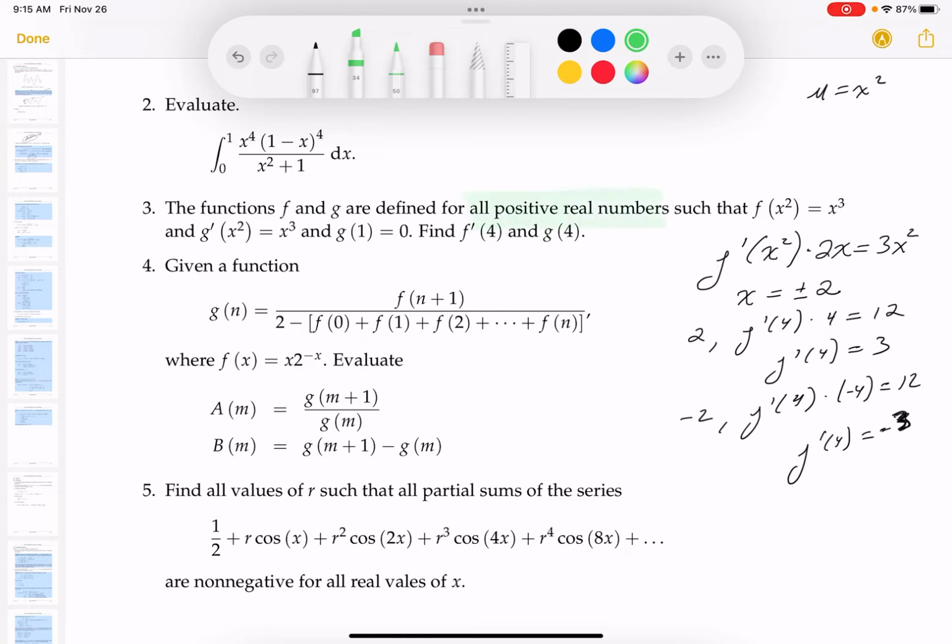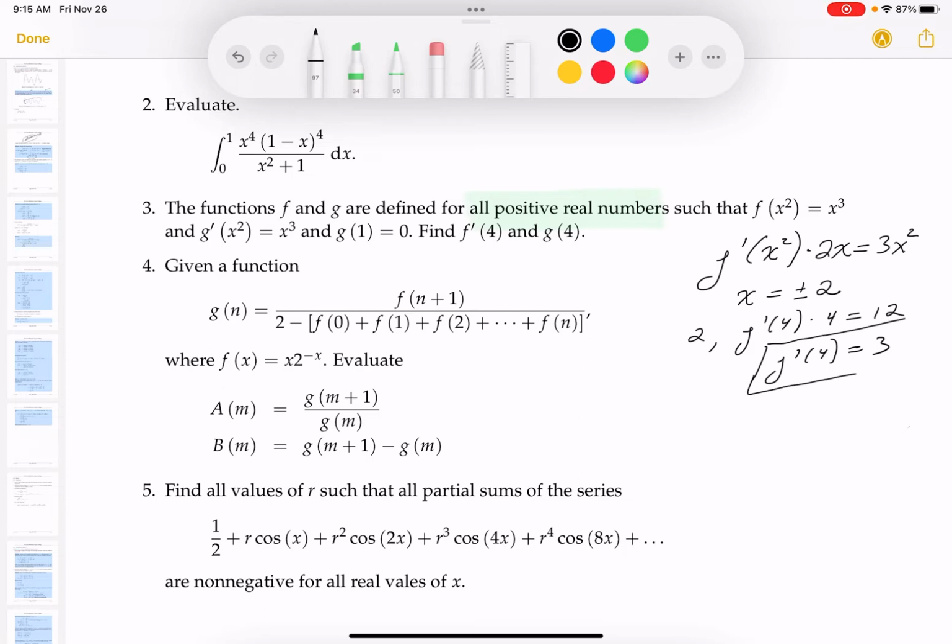All positive real numbers. So what I can do now is erase my confusion. It can't be negative. All right? So I'm going to say f prime of 4 is 3. I'm glad I read, because otherwise I'd have to start thinking about whether it's possible to get 2 numbers. It's functional, by the way.